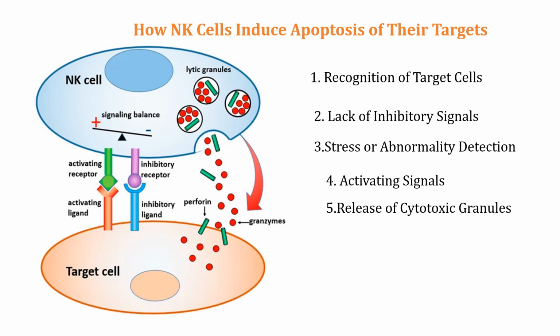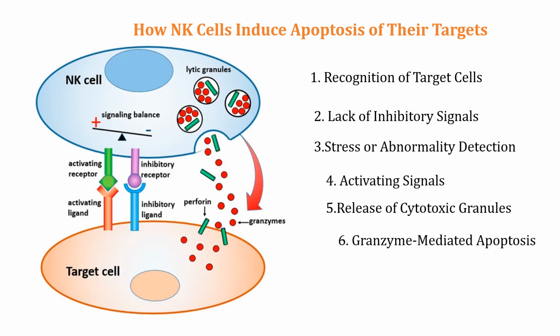Activated NK cells release cytotoxic granules containing perforin and granzyme. Here in this diagram, you can see the granules releasing perforin and granzyme. Perforin creates pores in the target cell membrane, allowing granzyme B to enter the cell.